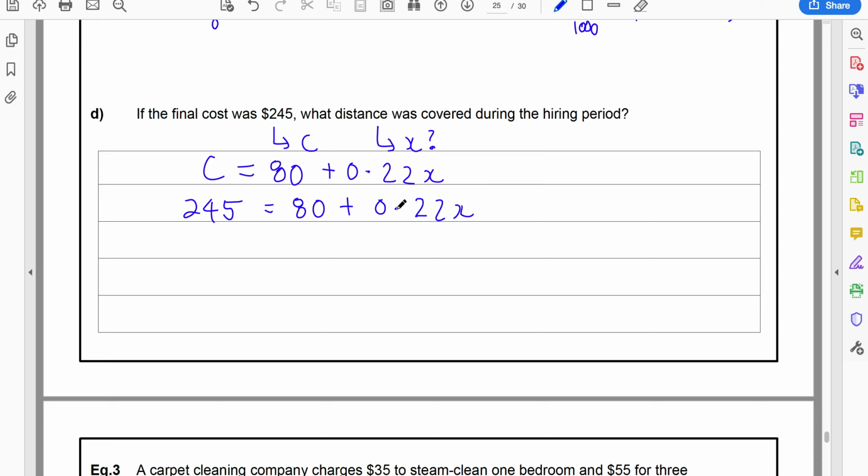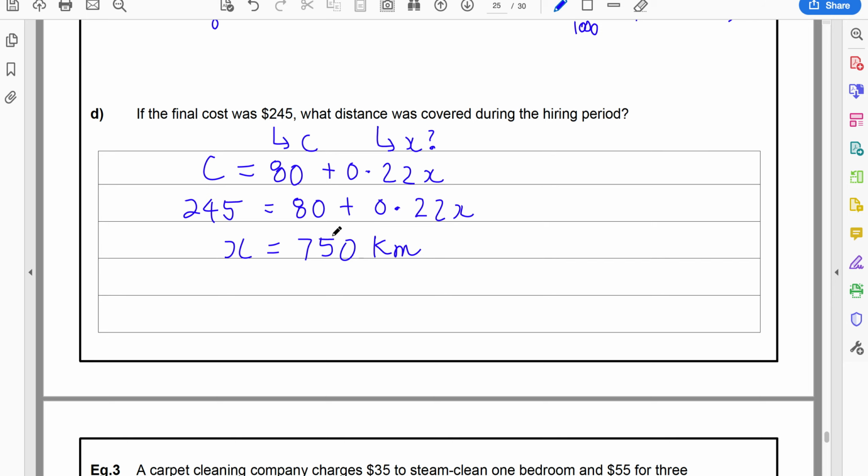So this is where we'd go to our calculator. We would use solve. I won't bother doing that. You can do that on your calculator, but what you should find is it comes out as 750. And then since it was asking for the distance, we put in the kilometers as well, since that's what the unit was for distance.